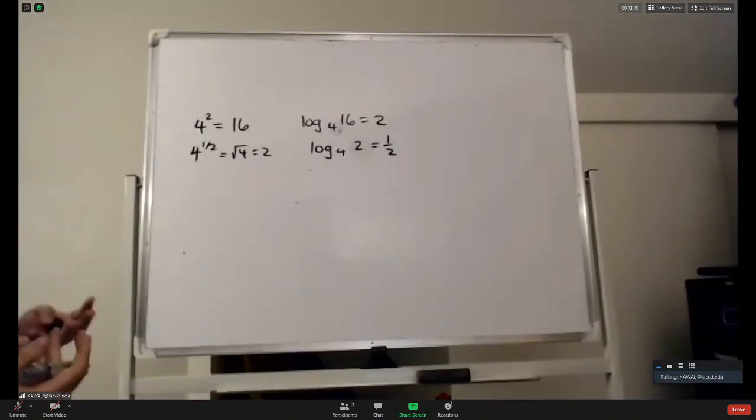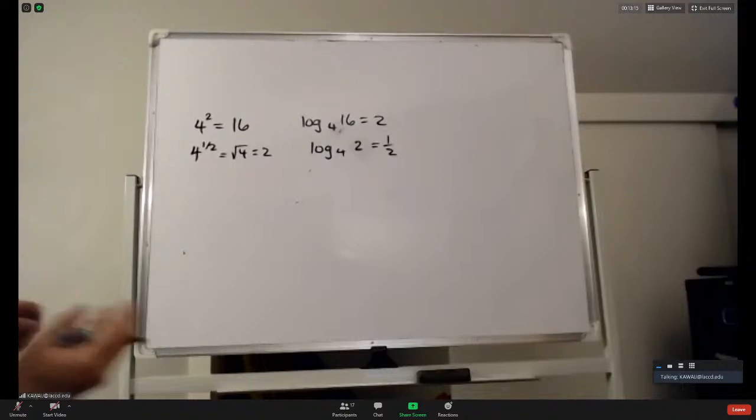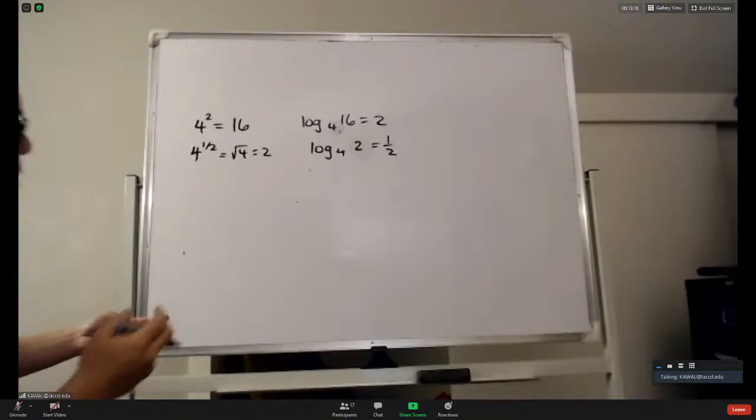And then if you wanted to, you could use the properties that we learned yesterday to come up with 2.5.